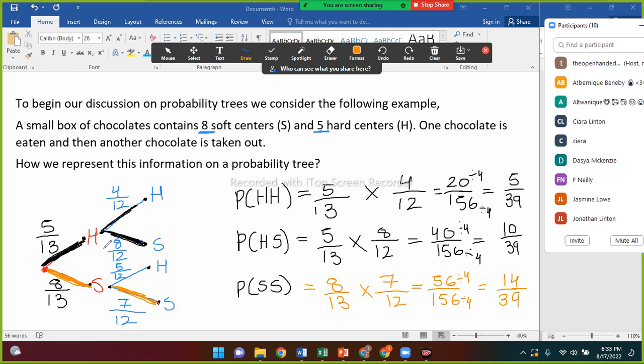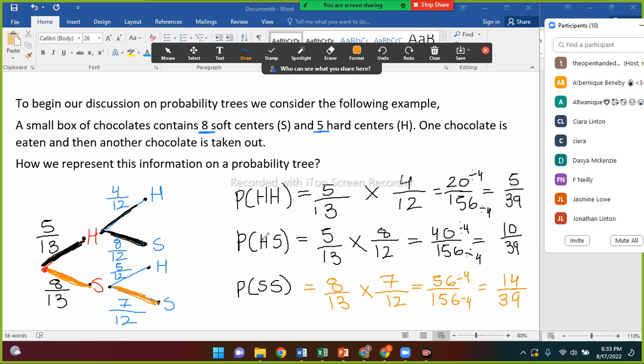Now if we want the probability that we get a hard scented chocolate and a hard scented chocolate, we know that the probability of getting a hard scented chocolate is 5/13. We are multiplying because it's a hard centered and a hard centered, so it's going to be 5/13 times 4/12.